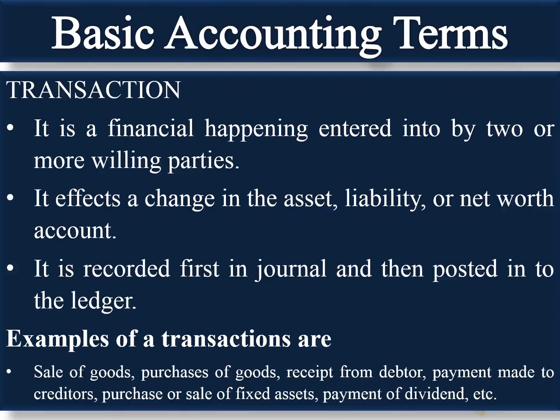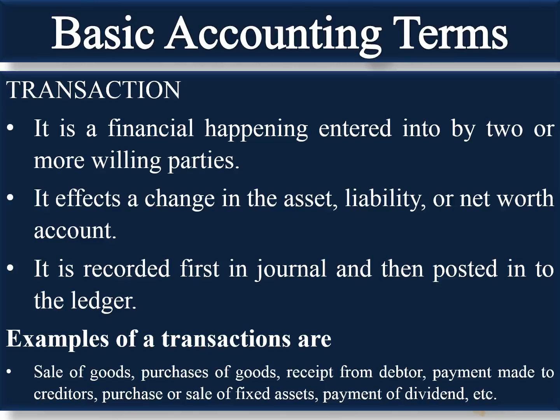It affects a change in the asset, liability, or net worth account. Like for example, in case when we buy goods from the supplier, here the goods come in and the cash goes out.